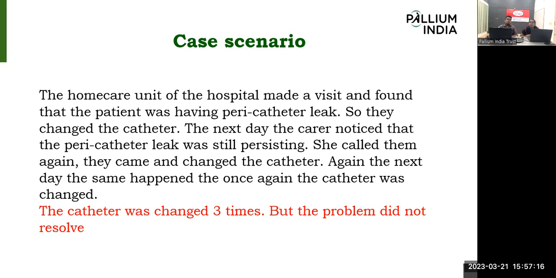The catheter will come out. Okay, here the pericatheter leak is the problem. The catheter is inside only. Pericatheter leak is the problem. Size of the catheter can be changed. Okay. Any other answers?